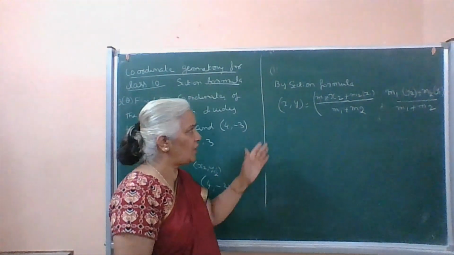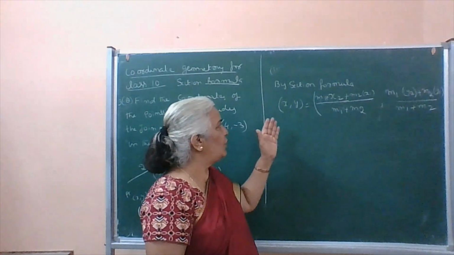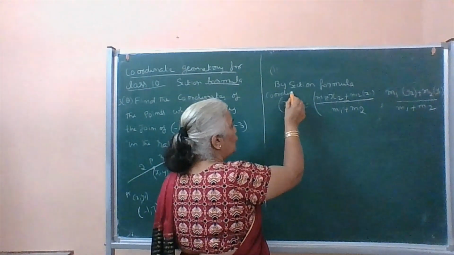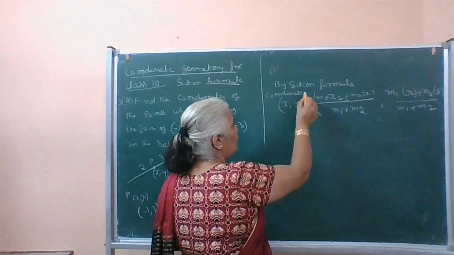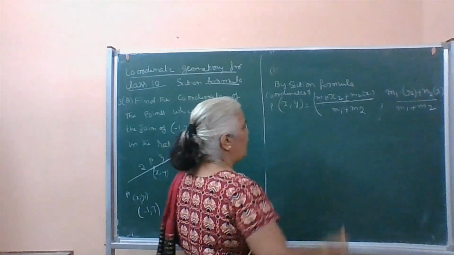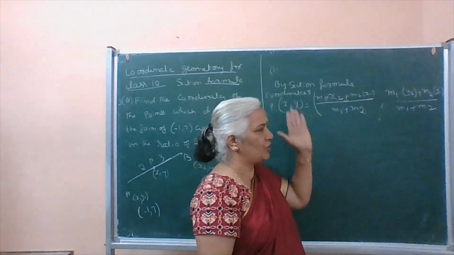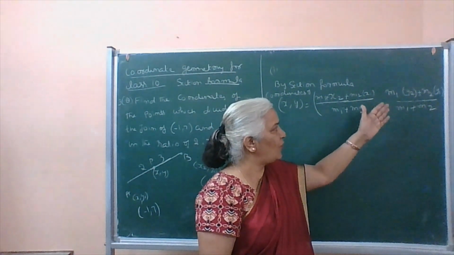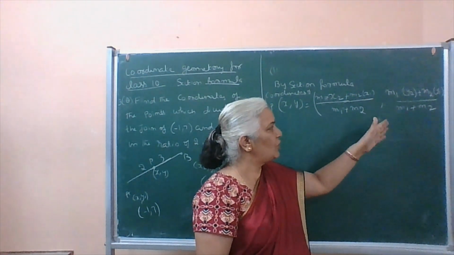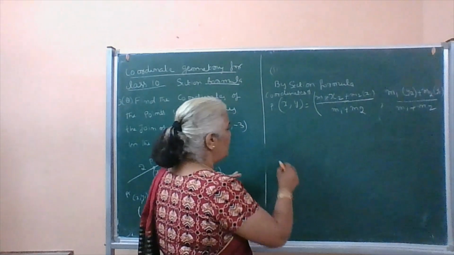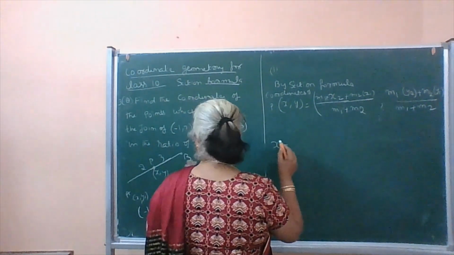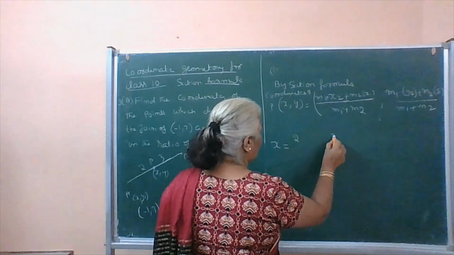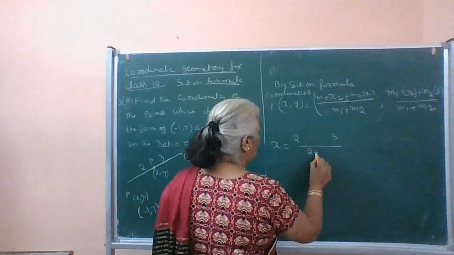Therefore by the section formula, you have to find out the coordinates of P. Coordinates of P, that is (x, y), is equal to (m1 x2 plus m2 x1) by (m1 plus m2), and (m1 y2 plus m2 y1) by (m1 plus m2). Here x is, the ratio is 2 and 3, and here it is 2 plus 3.